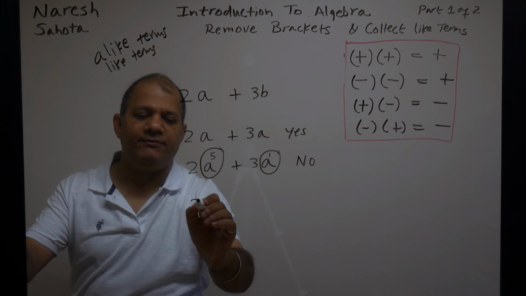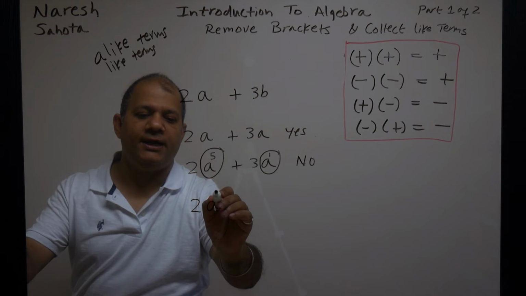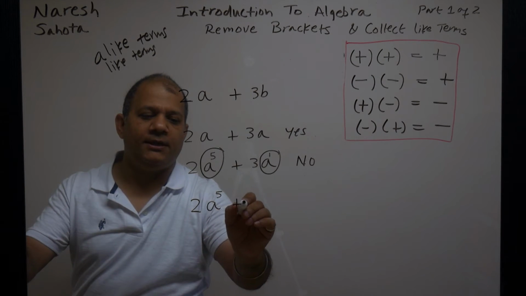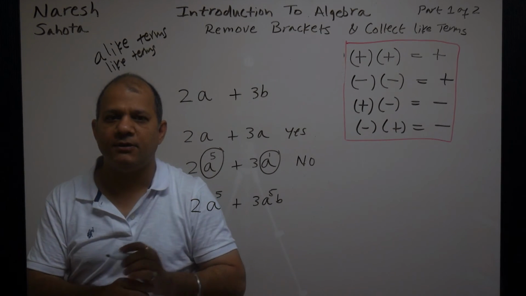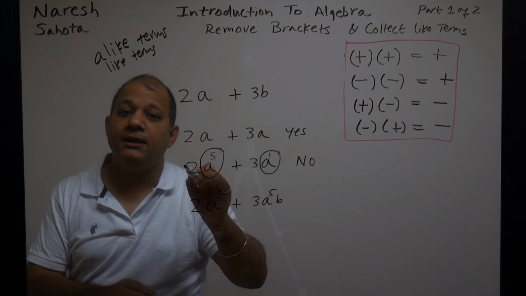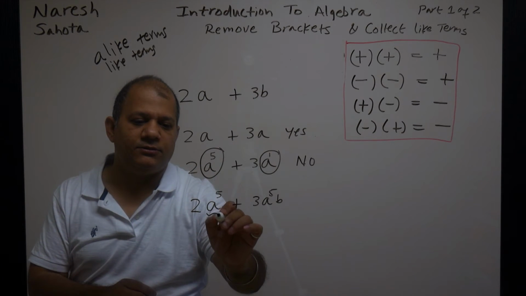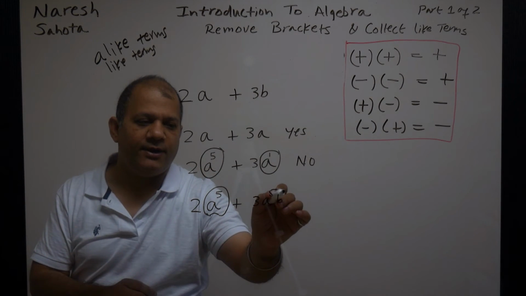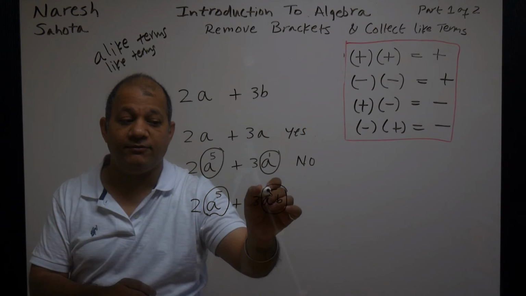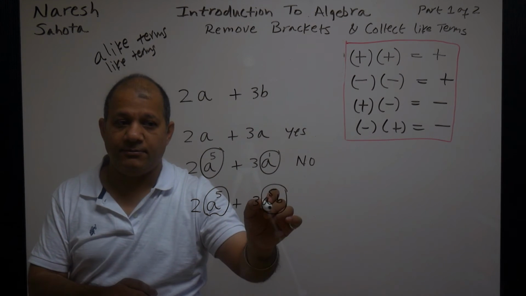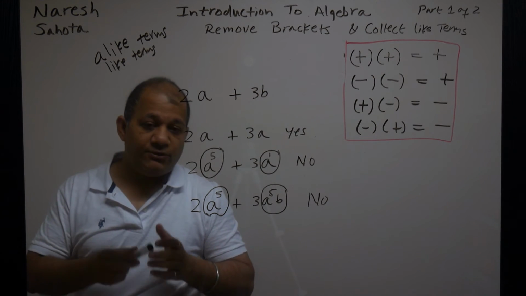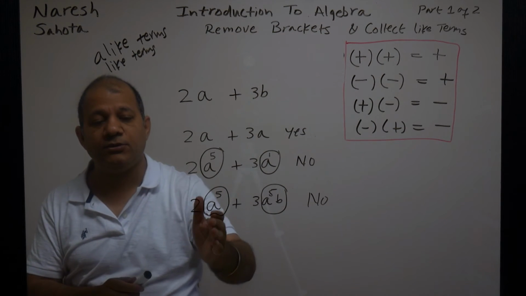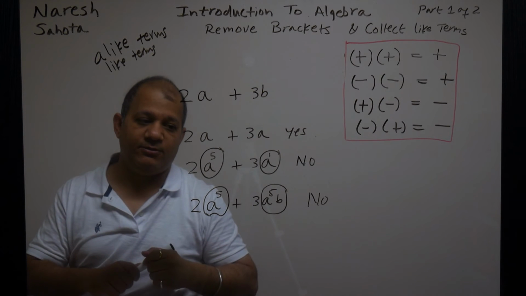So what if I had 2a to the 5 plus 3a to the 5b? I have a to the 5 in both, but they're still different terms. The variable part here is a to the 5, here the variable part is a to the 5b. They're not the same, so there are no like terms. So in order for them to be alike, the variable and the exponent have to be identical.